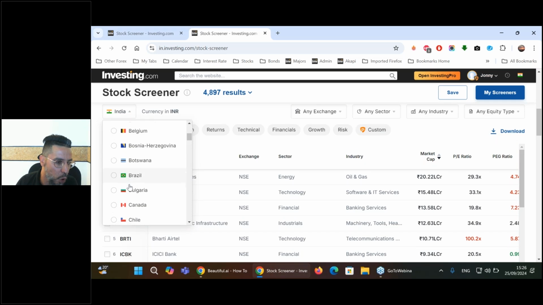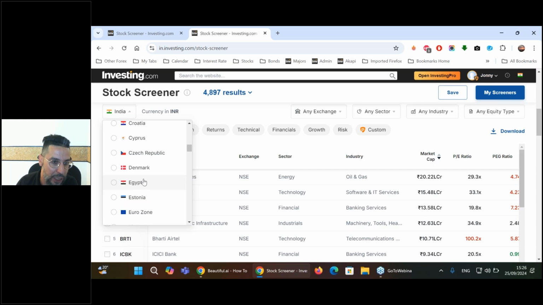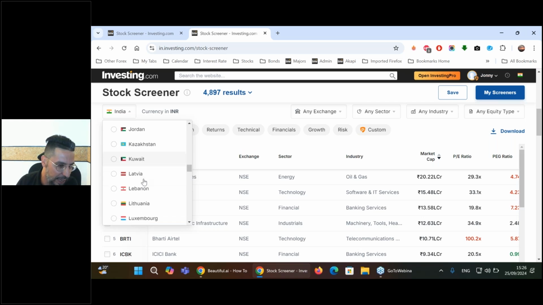As you can see, it's localized for pretty much almost every market. You have the ability to filter and use the Investing.com preset stock screeners for almost every country in the world.